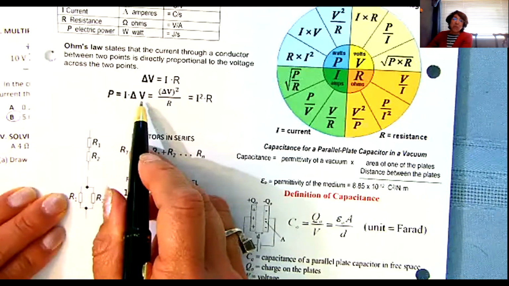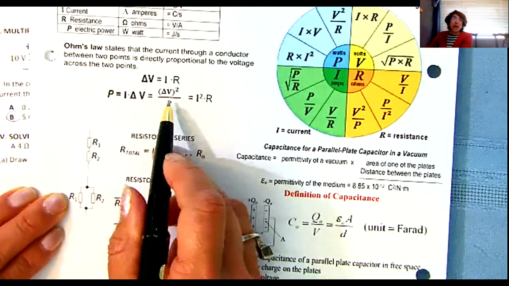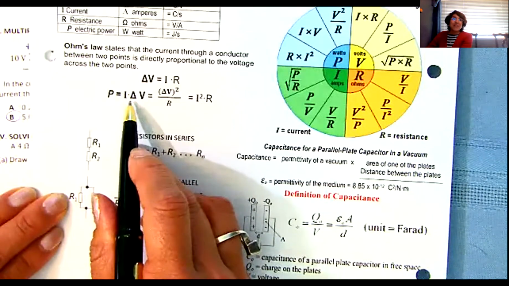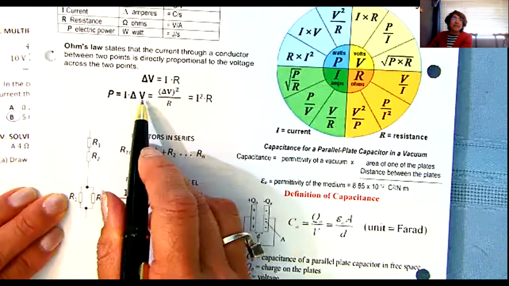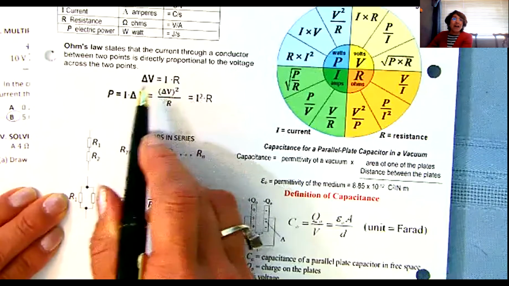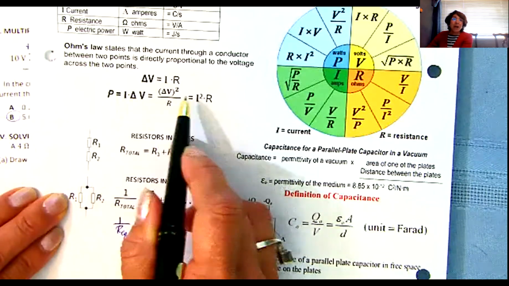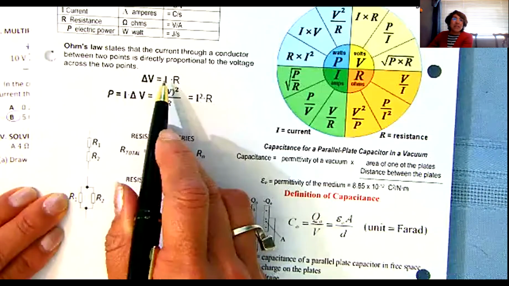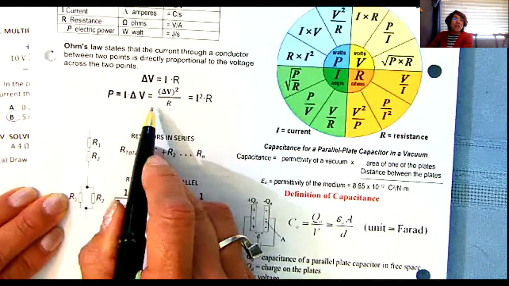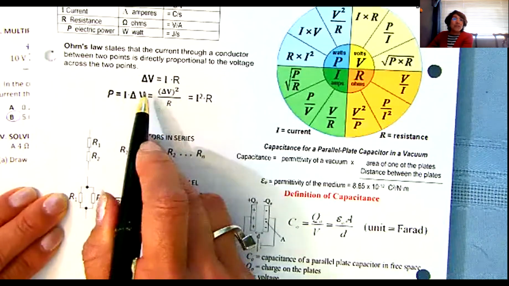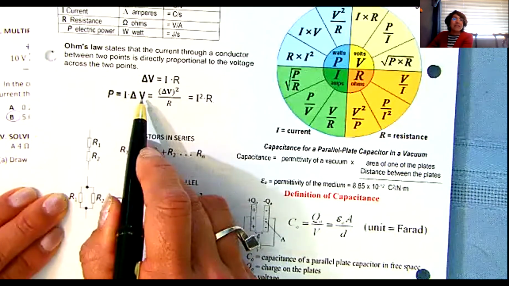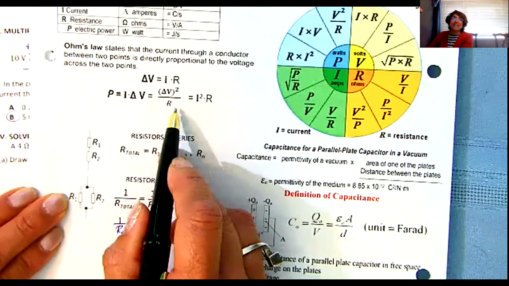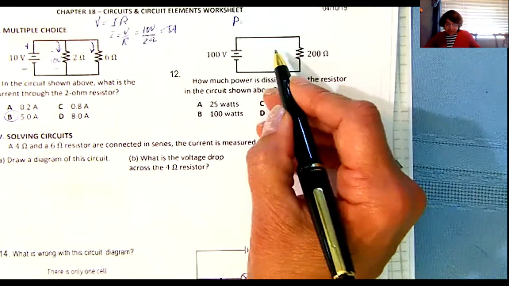P is IV, that's the one I have memorized, and these I always have to derive from this one right here. If I replace the V with IR, then I've got I squared R. And if I replace the I with V over R, then I've got V squared over R. Okay, so tell me now, what is power equal to?